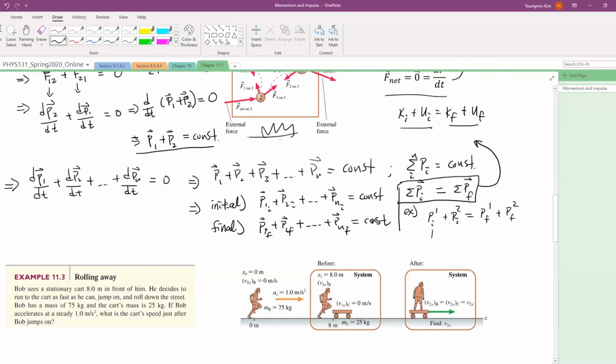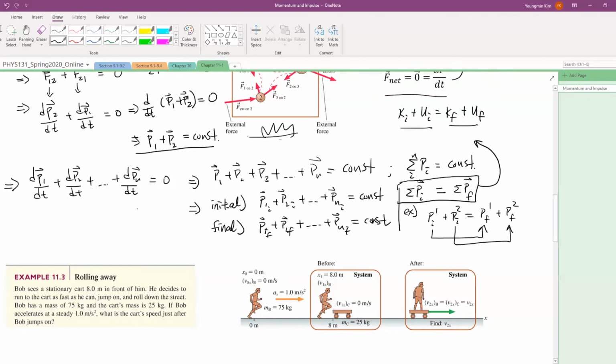Now remember that individual momentum states may have changed, but when you sum the initial ones up and the final ones up, that summation should remain constant. That's conservation of momentum.